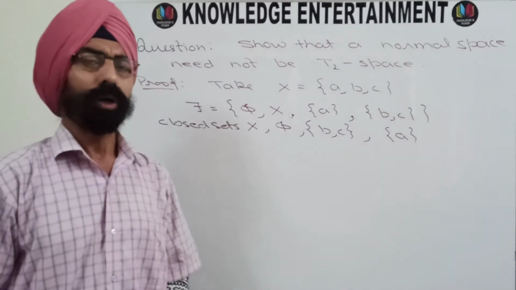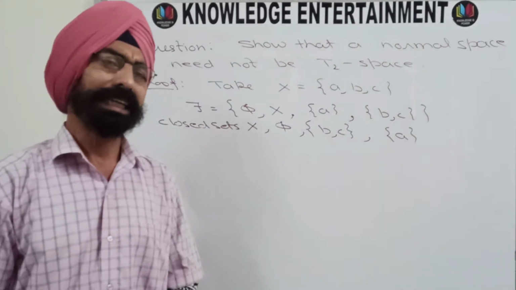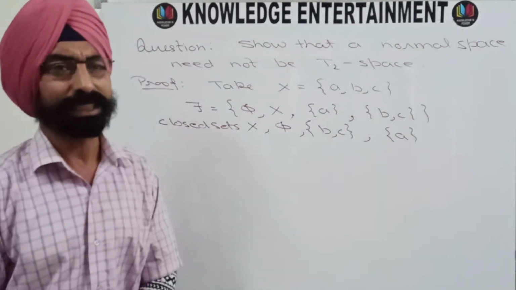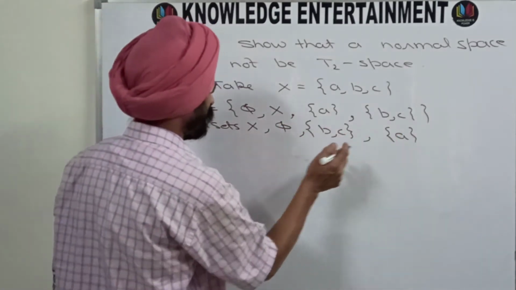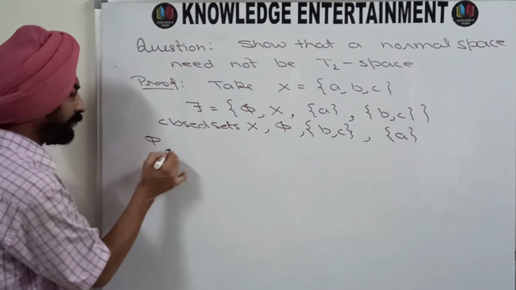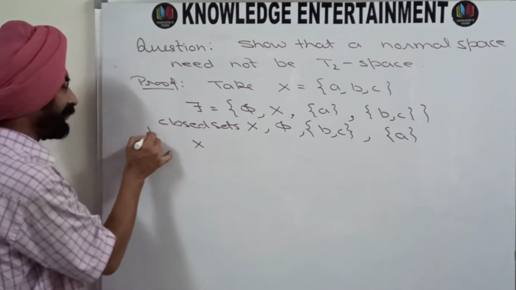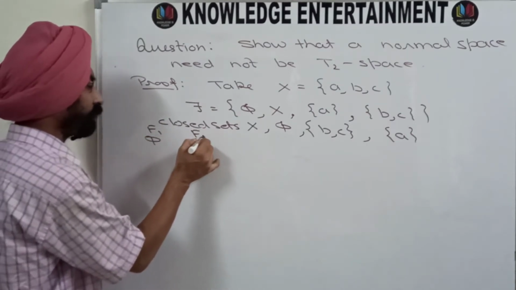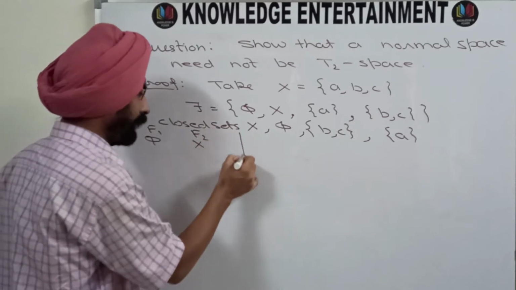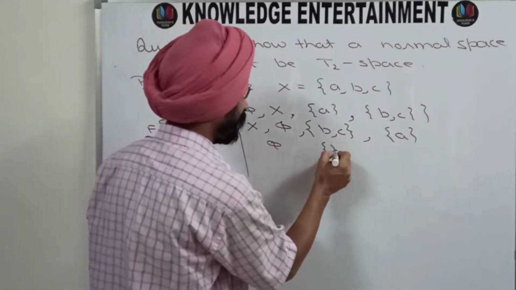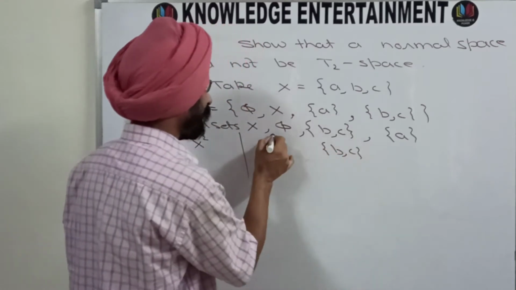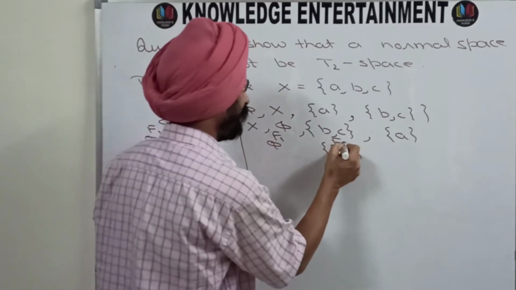Now we need a pair of disjoint closed sets. So phi can be paired with any of these. You can take phi and X as two closed sets F1 and F2. You may take phi and the set containing 2 points BC as F1, F2.